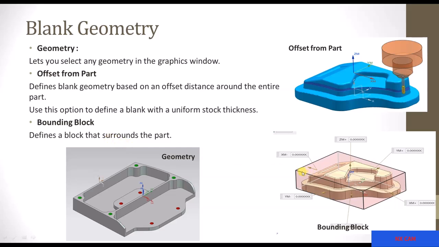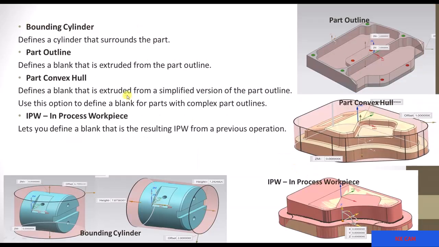This bounding block creates a block or a box outside the part, and in this part outline, the outer surface or outer curve of a part will be extruded at a certain height. If you want, you can increase this outer limit using the offset, and it creates a block.